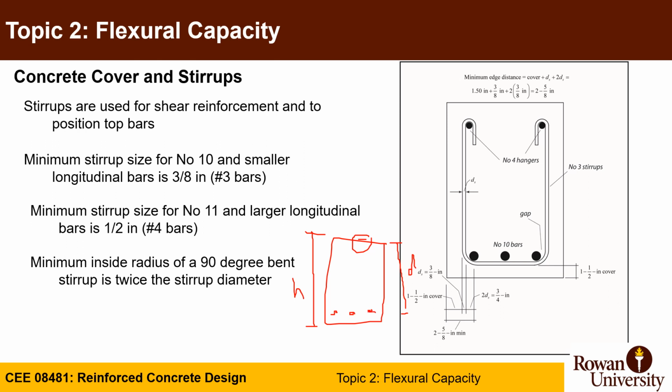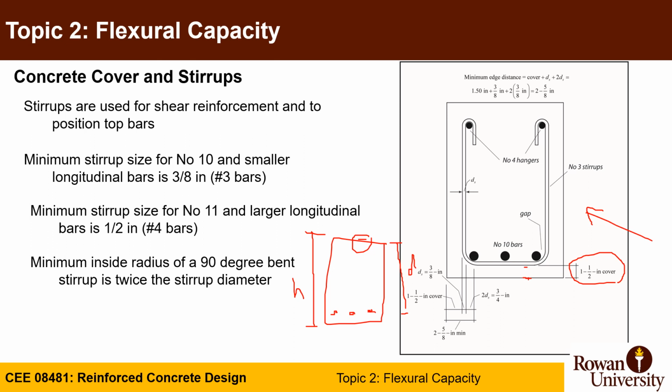So in order to do so, if you draw this in a very detailed manner to scale, you will see that in any cross section you have a number of bars, whatever the bar size is. You have to get the so-called concrete cover here, which is the distance from the extreme tension fiber of concrete to the first steel that you will face, which in this case will be the stirrups.